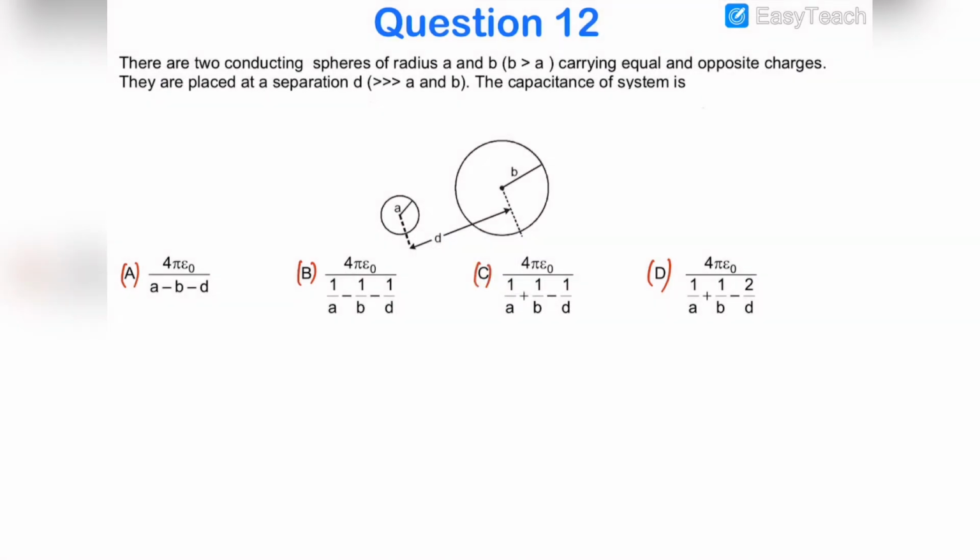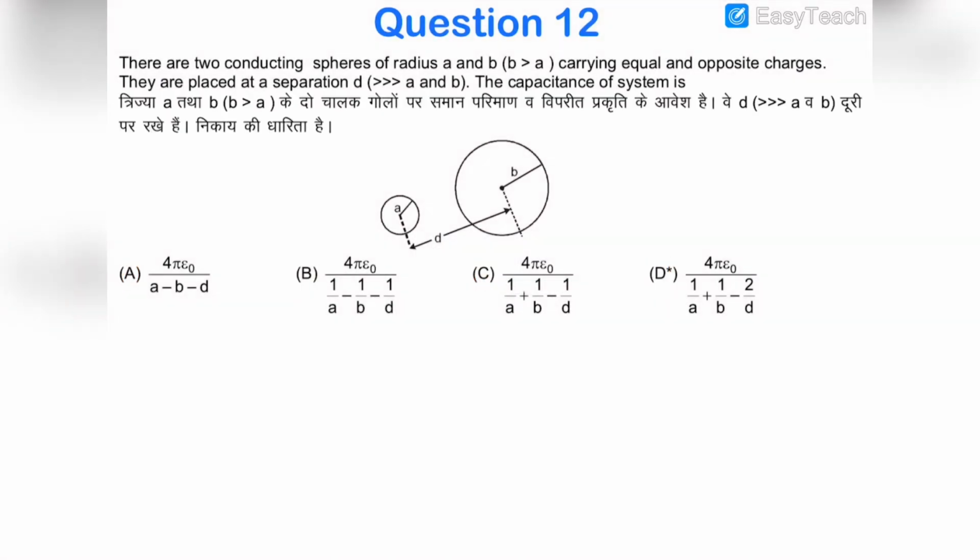In this question, you can see that there are two conducting spheres of radius A and B, and they carry equal and opposite charge.